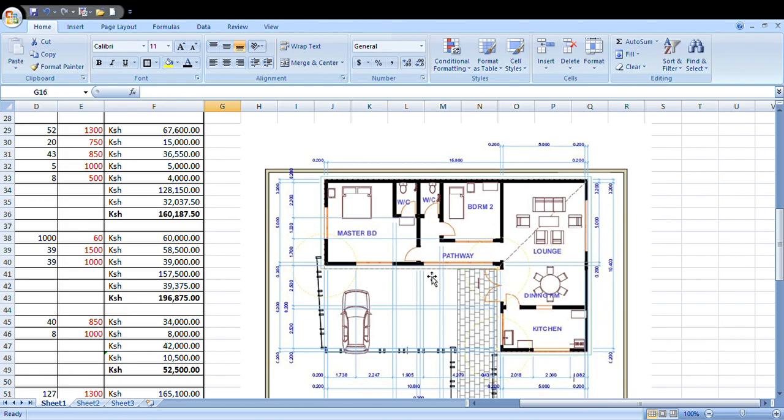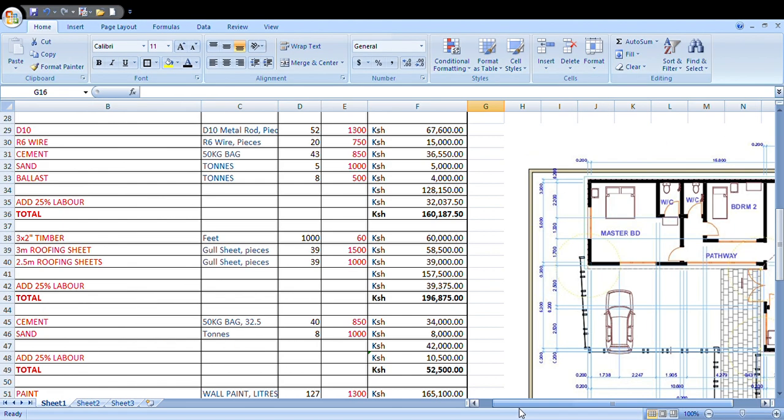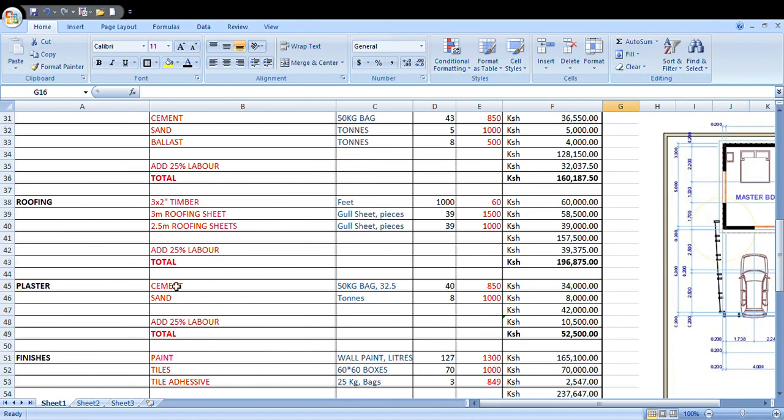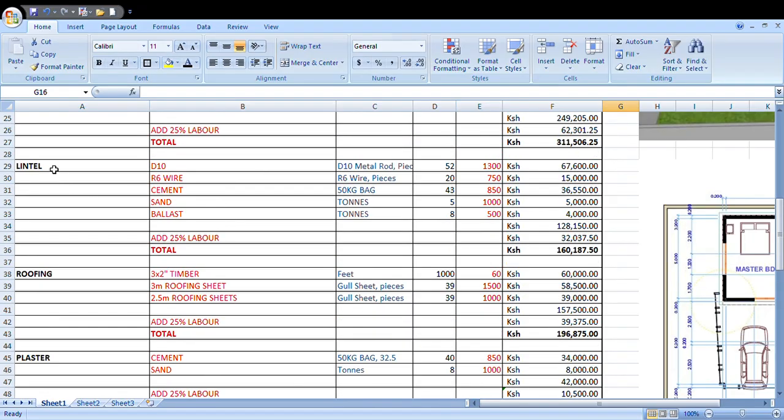So you must calculate the perimeter so that you can come up with these measurements. In the lintel, you also have to consider the ratio, and the ratio is very important because you are making a very strong lintel here. So it's a ratio of 1 to 2 to 3.